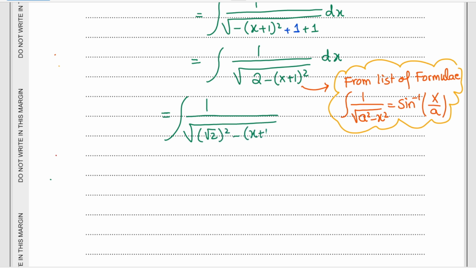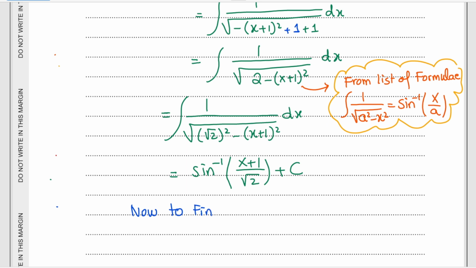So this is a. And this integral is equal to sin⁻¹ of (x + 1), which is x in the list of formulae, over a, which is √2. And since it is an indefinite integral, I add c.